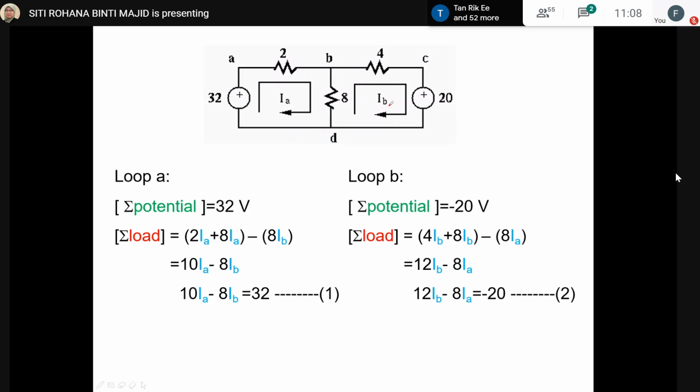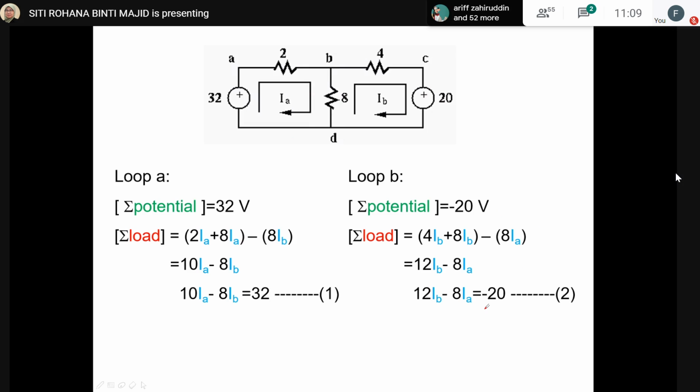So proceed to the next loop, where the potential is given as 20 volt. You understand, because the current touches the positive part, so it becomes negative here. Then we have the total load here for the 8 ohm, which experiences two currents, IA and IB, but IA in the reverse direction.